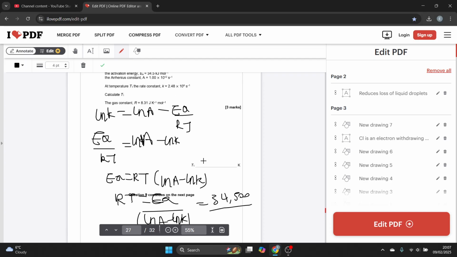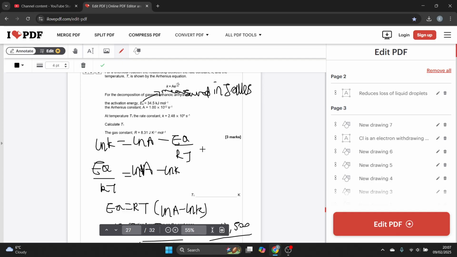I'm just going to put it in my calculator, so I'm going to walk through it. 34,500 divided by ln A, shift ln, 1.0 times 10 to the power 12, minus shift ln K, 2.48 times 10 to the power 8, and then divide my answer by 8.31, and then I get 500 Kelvin.